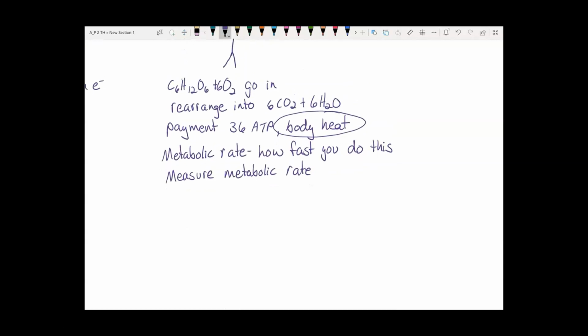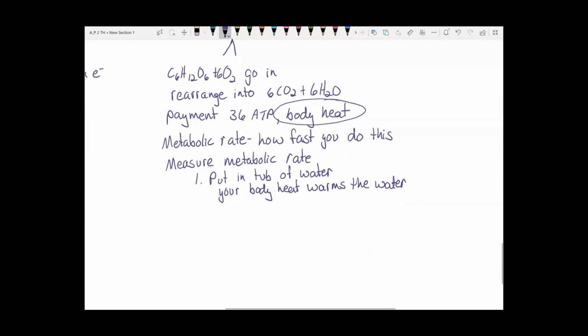So one way to measure metabolic rate is they put you in a tub of water. And your body heat will make the water warm up. They can measure how much you warm up the water and use that to calculate how much cellular respiration you're doing.